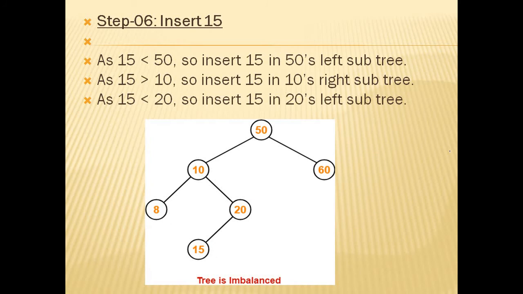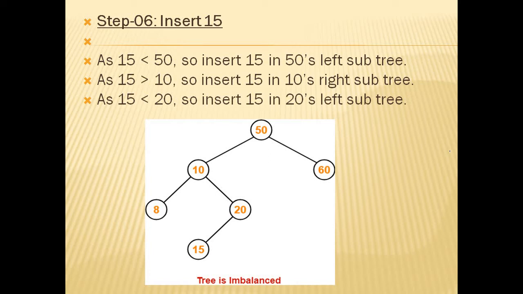Next, insert 15. 15 is less than 50, so it comes to the left-hand side. We have 10, and 15 is greater than 10, so it comes to the right-hand side. On the right-hand side we already have 20. 15 is less than 20, so it comes to the left-hand side. For every insertion operation, we need to check the balancing factor, so internally we need to check it.